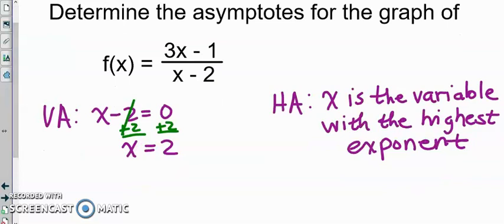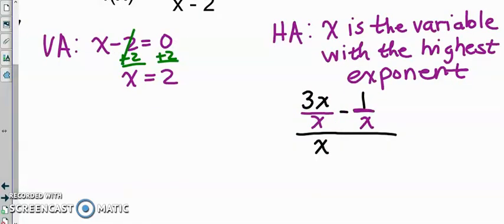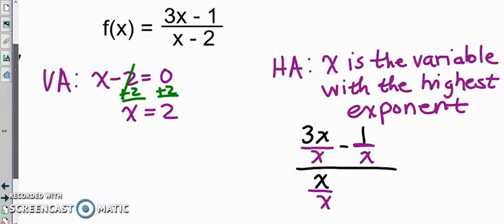So 3x, we divide that by x. 1 over x. Then we do the whole thing. We have x divided by x. And then what's the function again? 2.